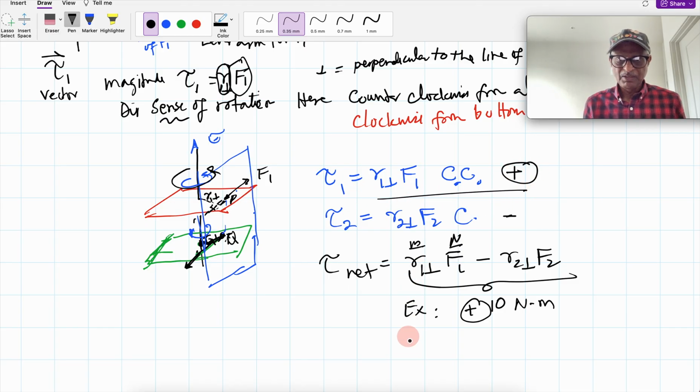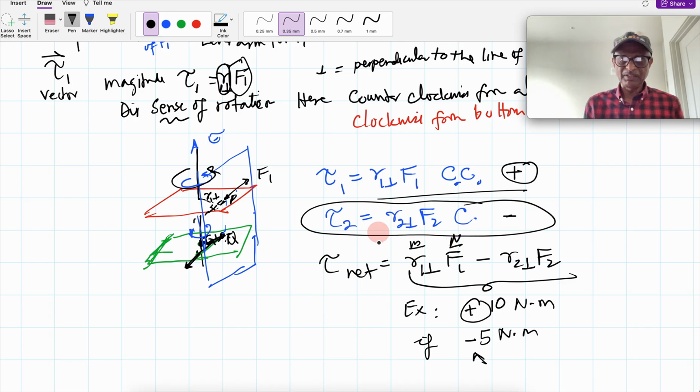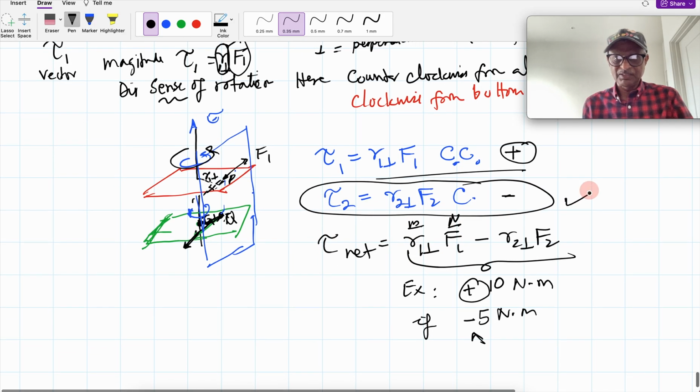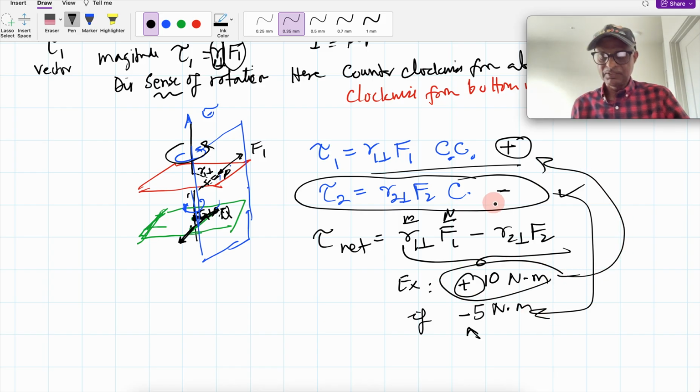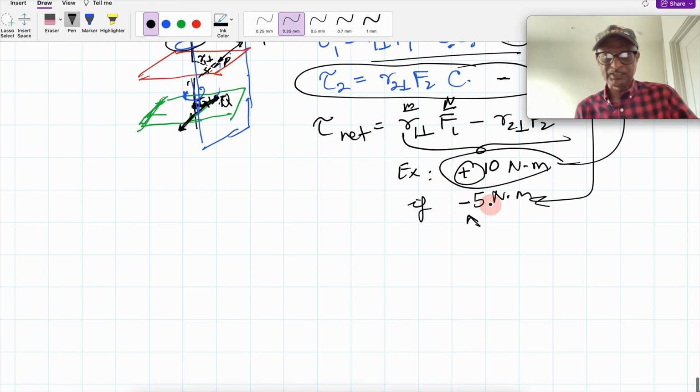But if I got minus 5 Newton meter, a negative, which means this guy won in the battle, so it's going to be this guy's sense. So if the answer comes out like that, then it's going to be that sense in the end. So that's what the whole thing is.